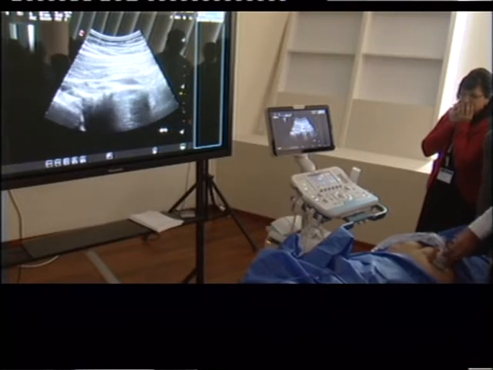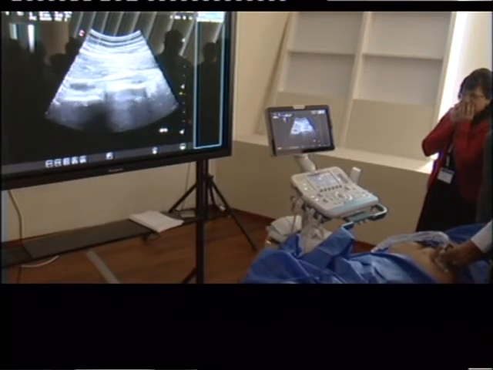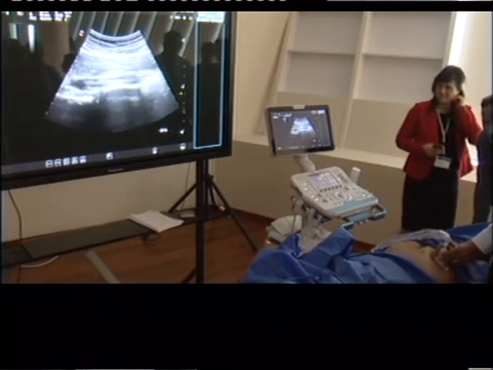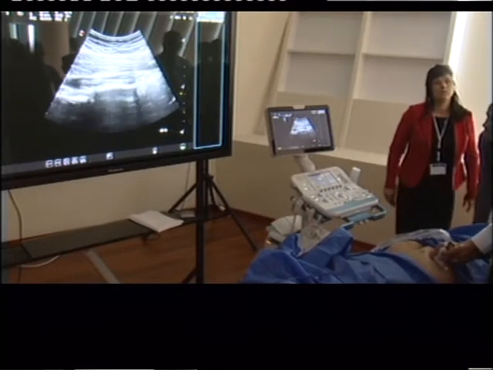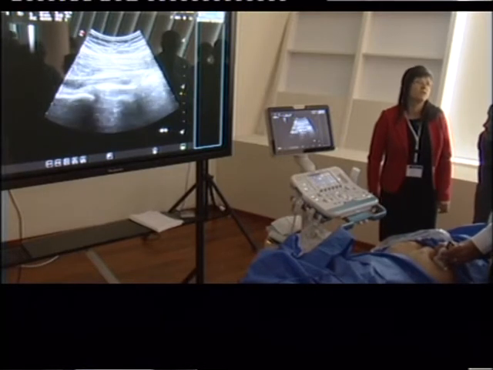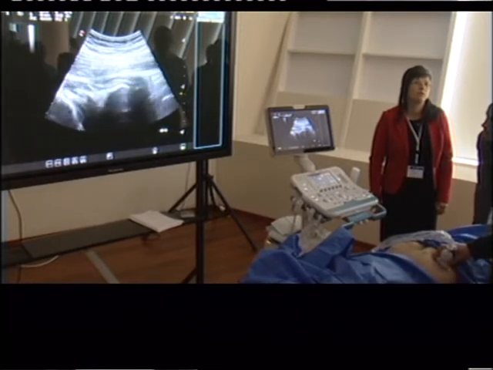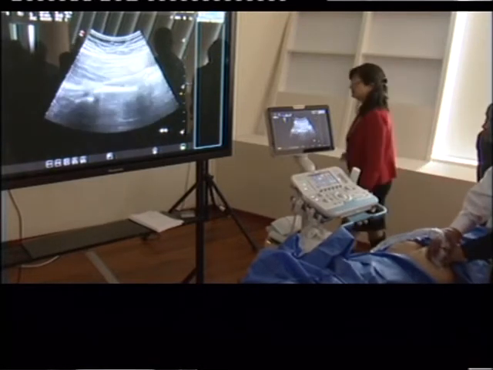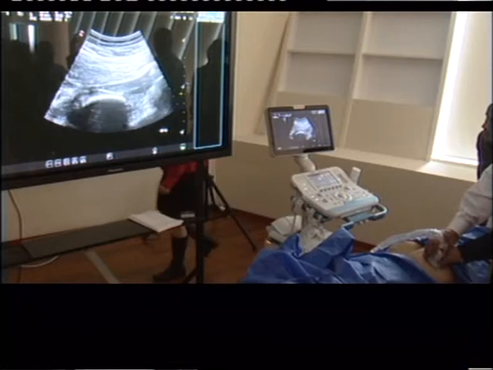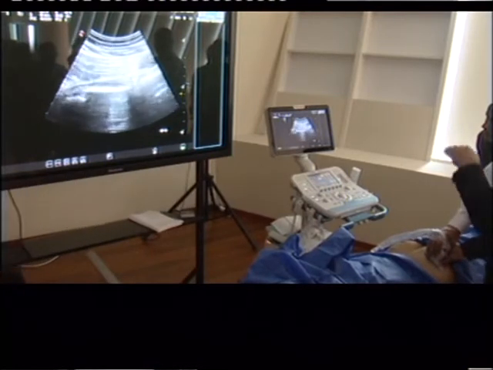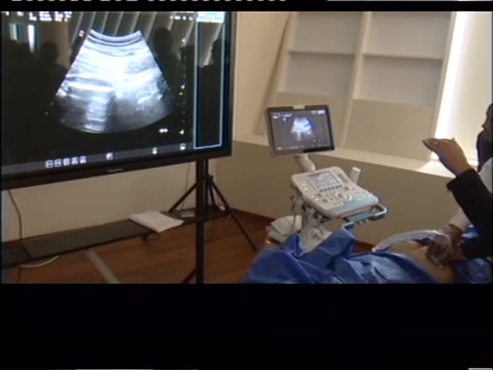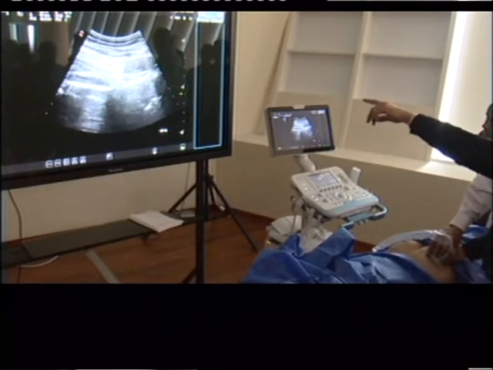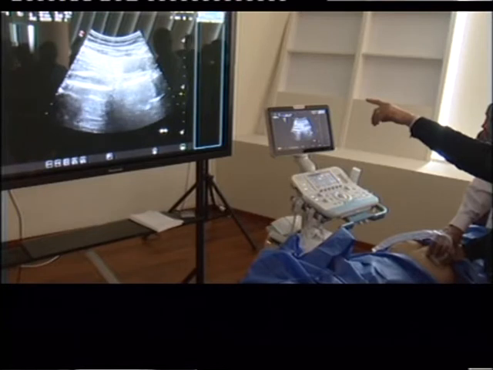Okay, and now you pivot back: obturator internus. If I go up, there's the pudendal. I see the piriformis; it should become flat. There's the sacrum, and the pudendal nerve and artery.